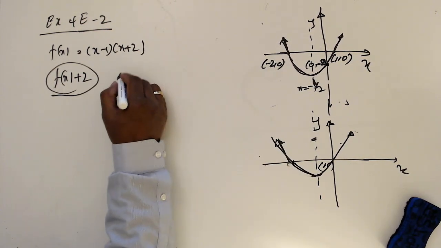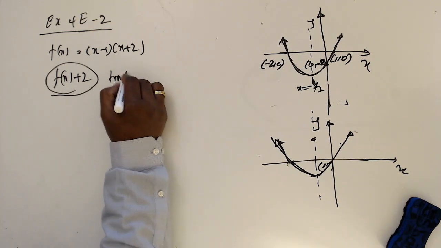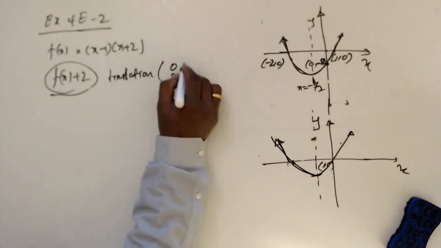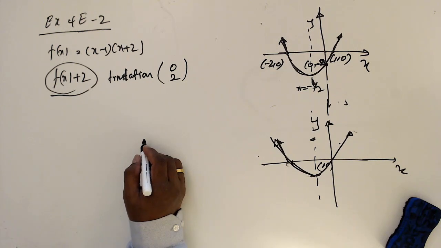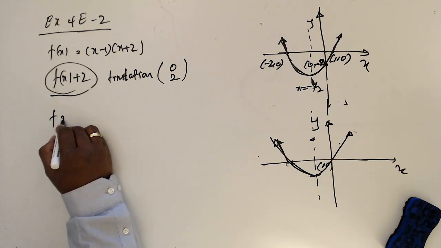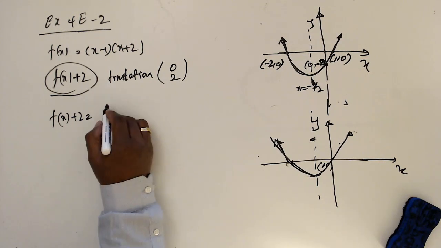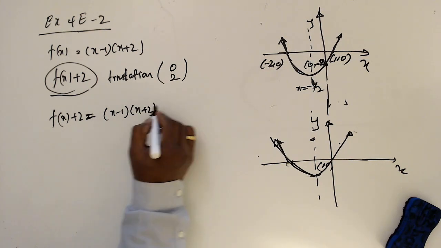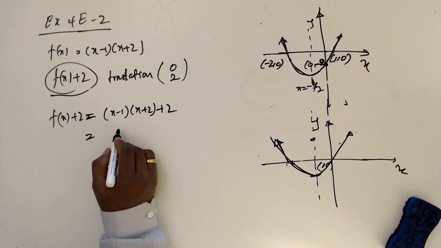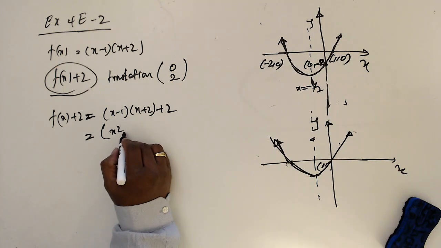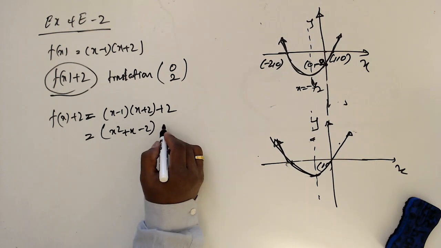So what is the translation? Y value, it means 0, 2. And if f(x) plus 2 equals (x minus 1)(x plus 2) plus 2, this is going to be x squared plus x minus 2 plus 2.